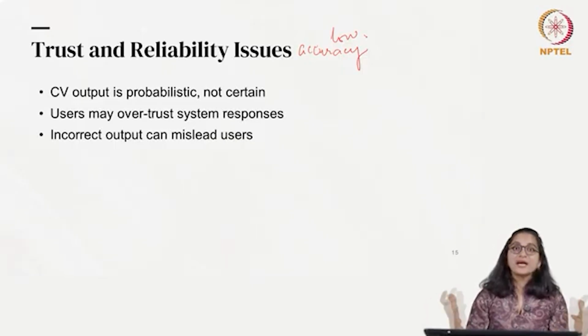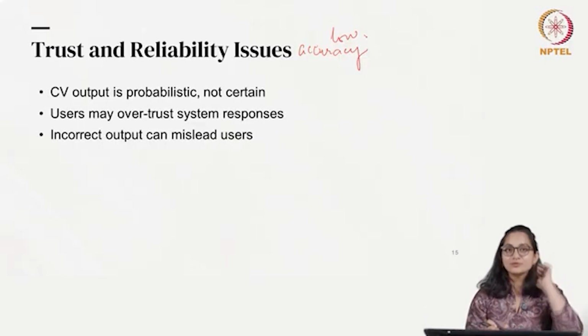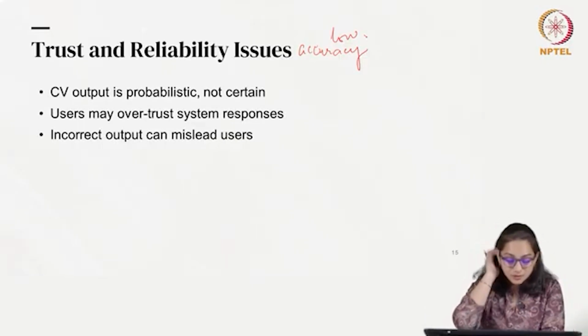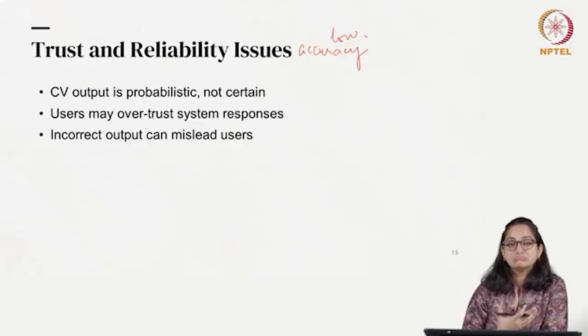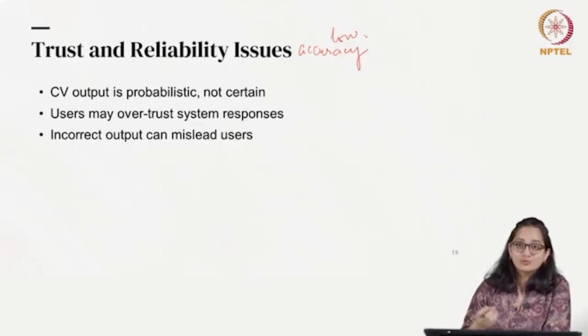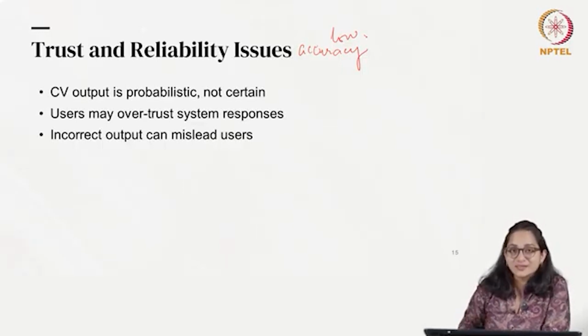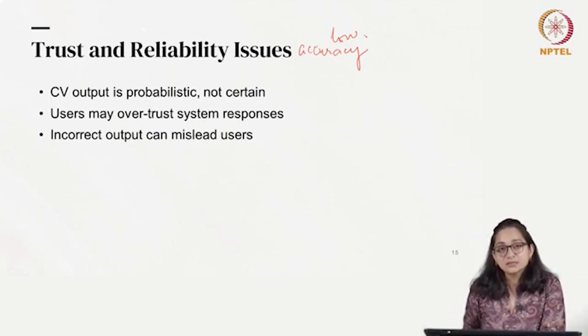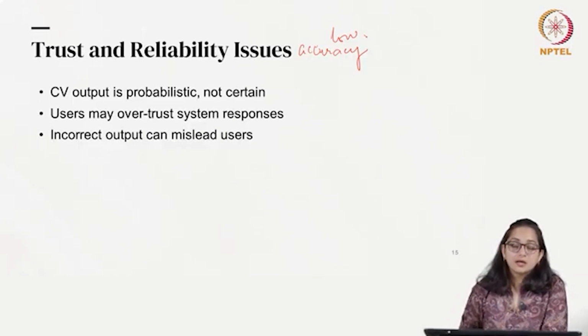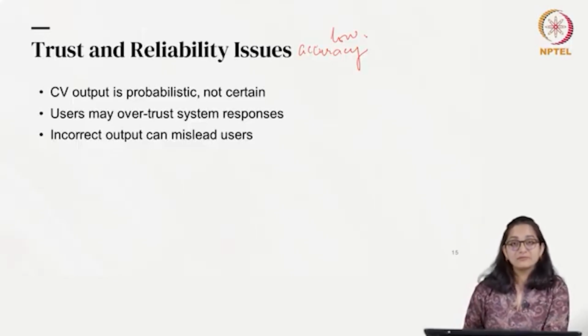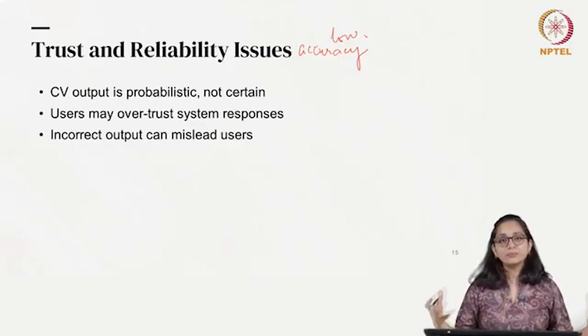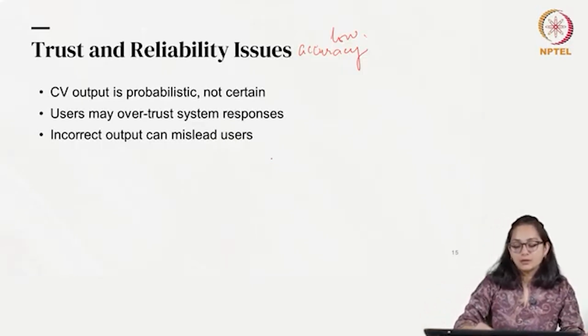So if you are entirely dependent on computer vision models, there may be cases where the model is missing out on certain hazardous situation, and then there is an accident happening. So entirely trusting these models, at least in their current robustness level or accuracy level, we would not suggest that, but that opens up doors for future forward innovation in this domain, future forward research in this domain, right?